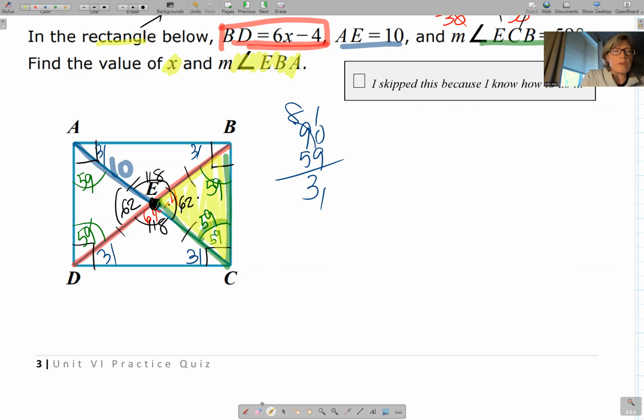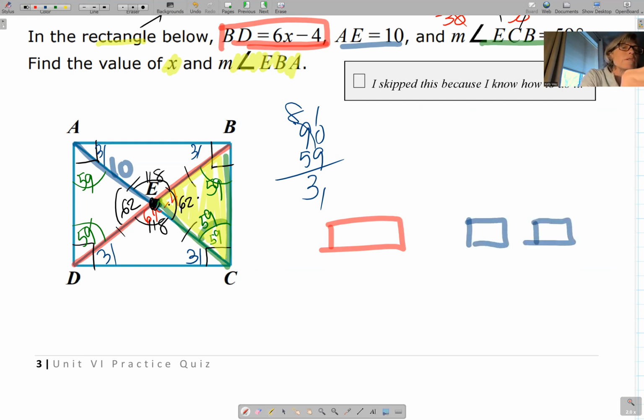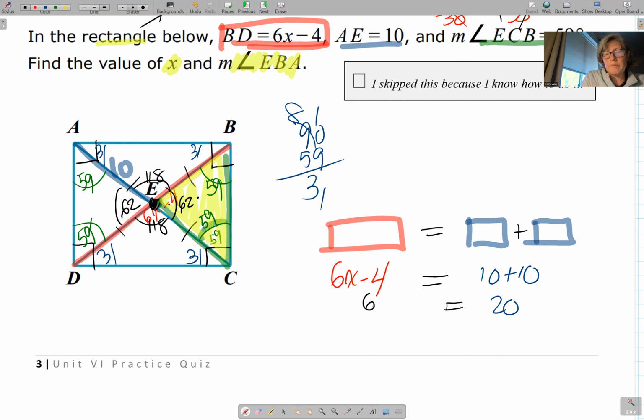And you ask yourself, what is the relationship between the red and the blue? Well, we know one red equals two blues in this case. So one red, which is 6x minus 4, equals 10 plus 10, 20. 6x minus 4.